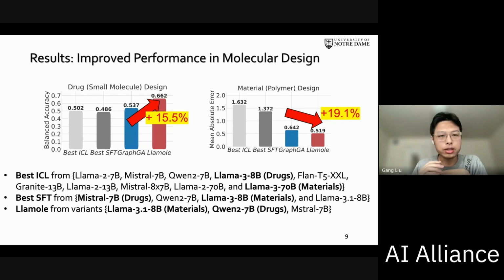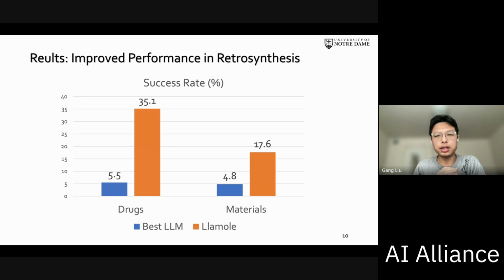On this graph design task, it can improve the best performance by about 15%. And in the material design task, the improvement is more significant, around 19%. Also in the retrosynthesis tasks, Llamole can significantly improve the success rate. Usually we find that even the best large language models struggle with the reasoning task in the retrosynthesis.